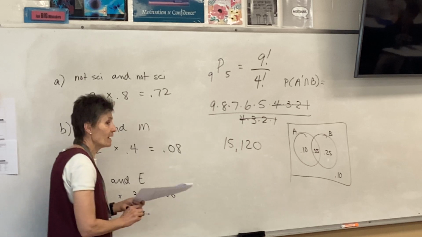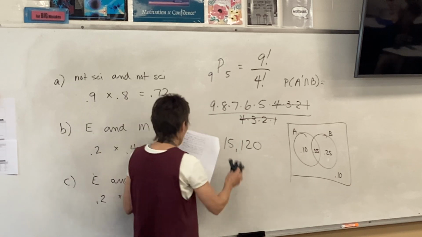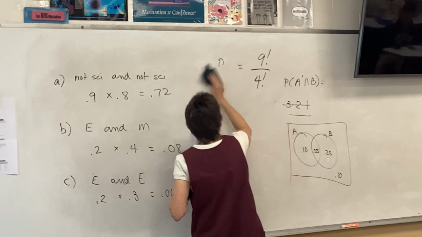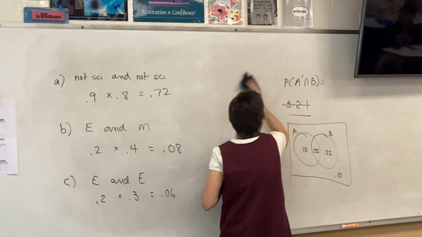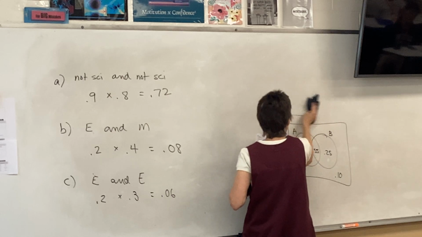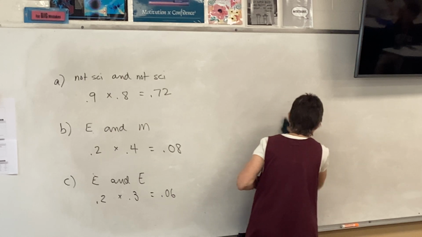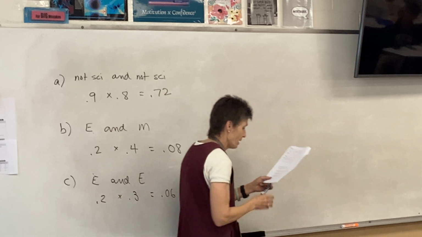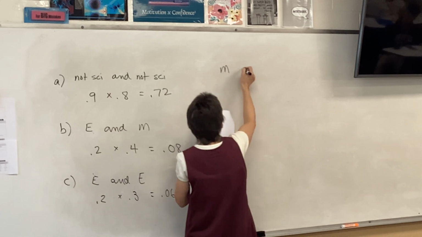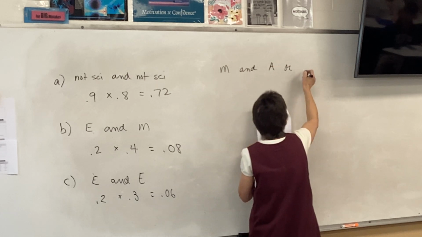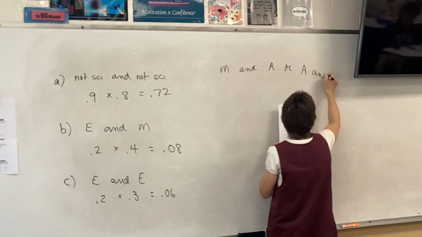And then we got the tricky one. What is tricky about D? It doesn't specify order, so you really have to do 2 problems. You have to do math and art, or we have to do art and math.